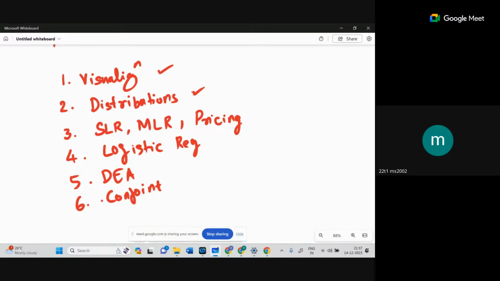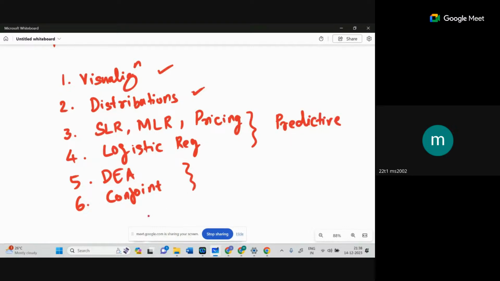So here, these lectures, SLR, MLR, pricing, and logistic regression, spoke about predictive models. What are predictive models? You predict the occurrence of an event, or you predict a continuous variable, right? Regression, classification, and so on. You're predicting something, right?